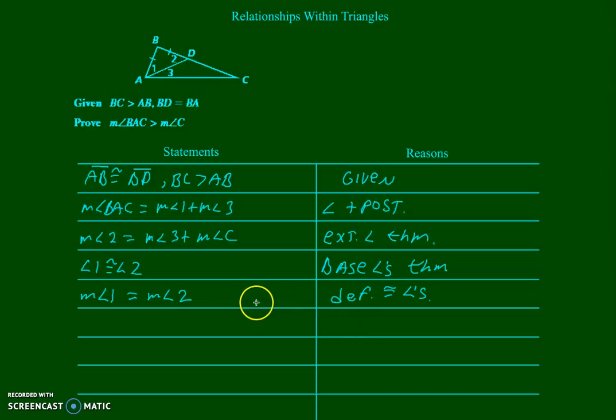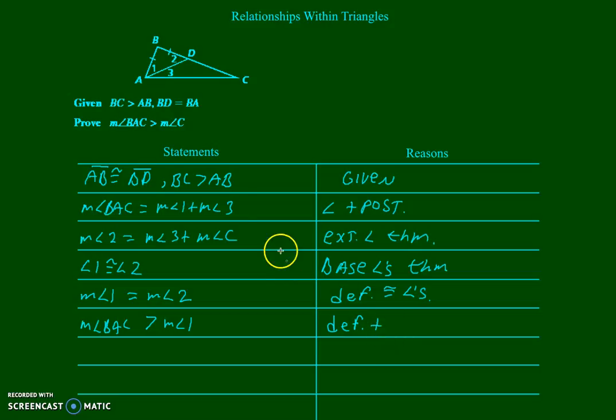Now that takes care of the most obvious facts, but what we have to do is show that BAC is somehow greater than angle C. Well, we see here from this expression, because you have to add something to angle 1 to get to BAC, we know that BAC is greater than angle 1. And so we can say that the measure of angle BAC is greater than the measure of angle 1, and that's basically the definition of addition.